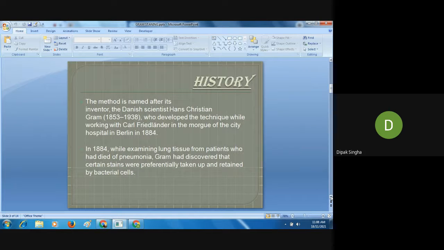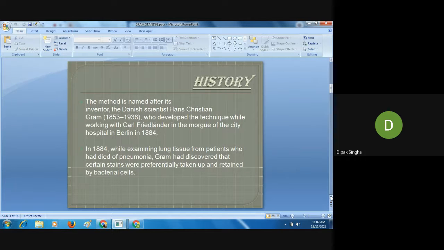Why does it happen, and what microorganisms are involved in pneumonia? With gram staining, the bacteria behind this pneumonia can be identified. Gram discovered that certain stains were preferentially taken up and retained by the bacterial cell.